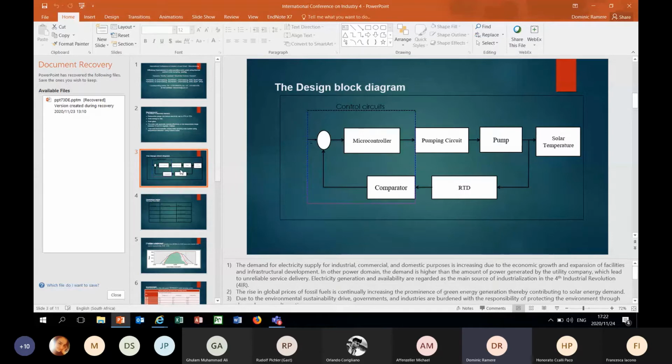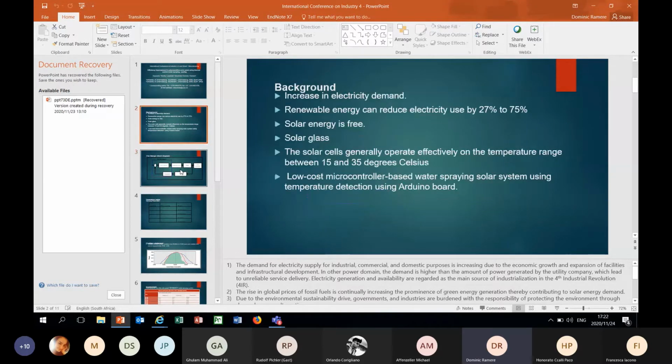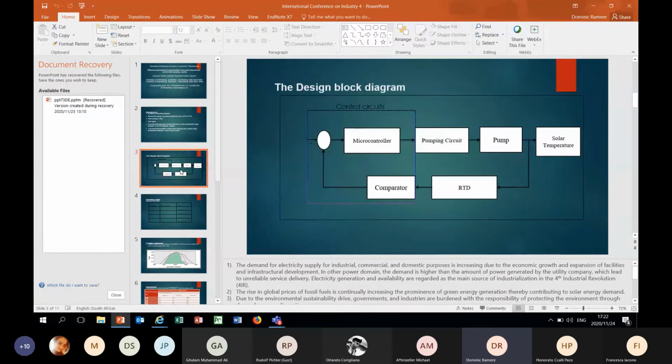Once the temperature starts to exceed 35 degrees, when it goes to 36 and above, it triggers the microcontroller to activate the water spraying system that will energize the pumping circuit. From there, the pump pumps water. After that, the water goes onto the solar panel.